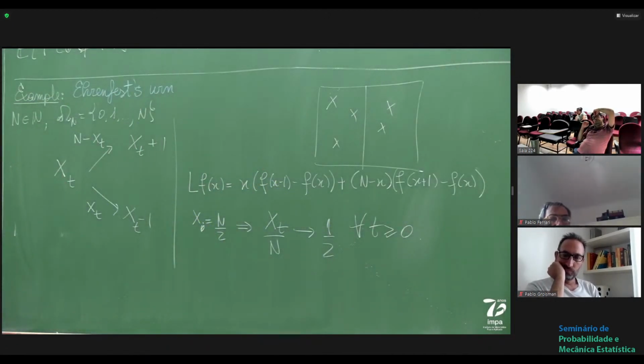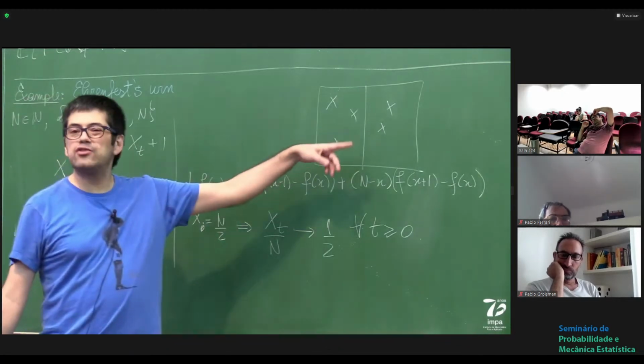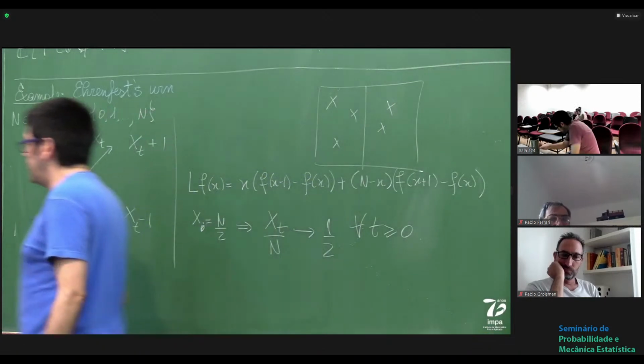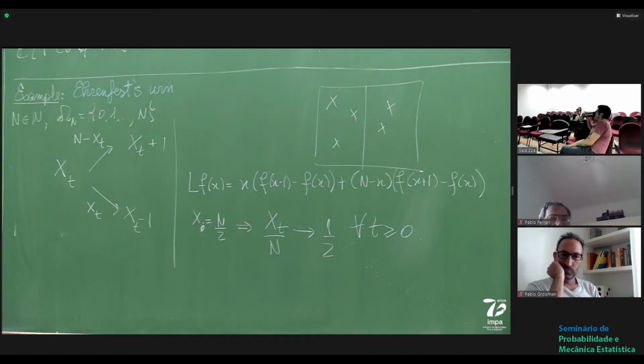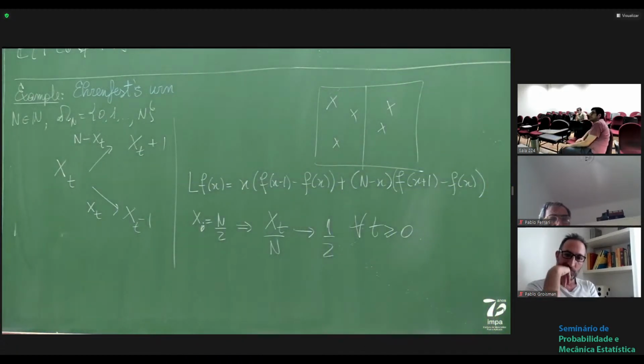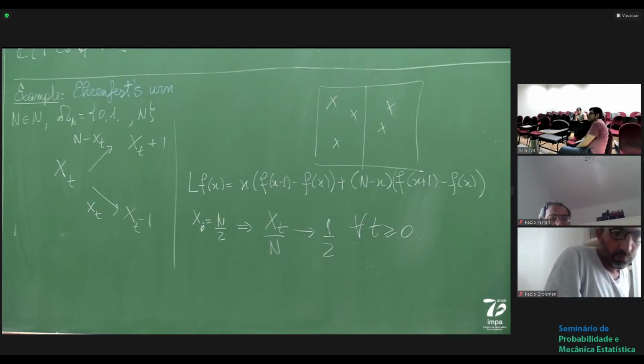This is very easy to see because the invariant measure of the Ehrenfest urn is the binomial law of parameters n and 1/2, and therefore the mean is n divided by 2, and the variance is n divided by 4, so the standard deviation is square root of n divided by 2.